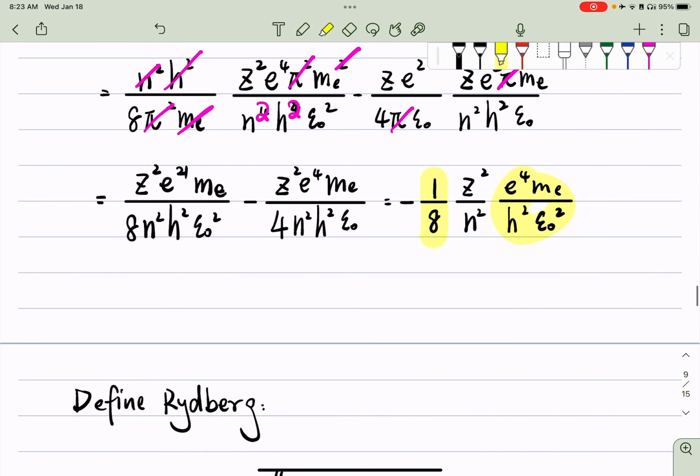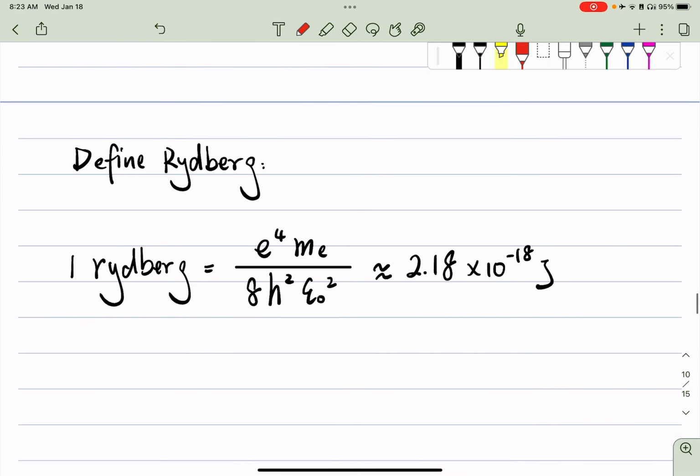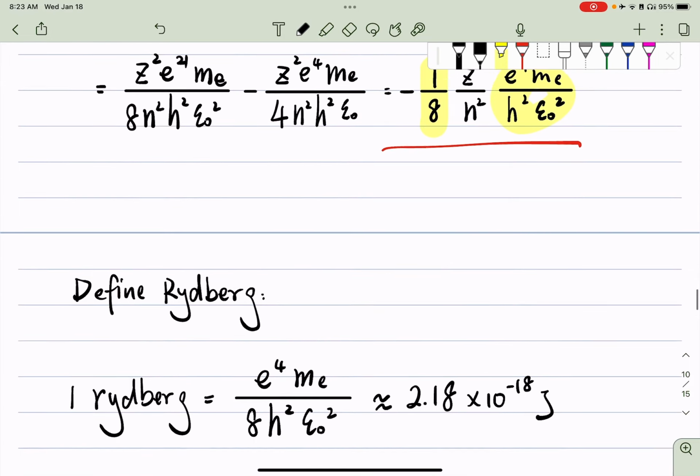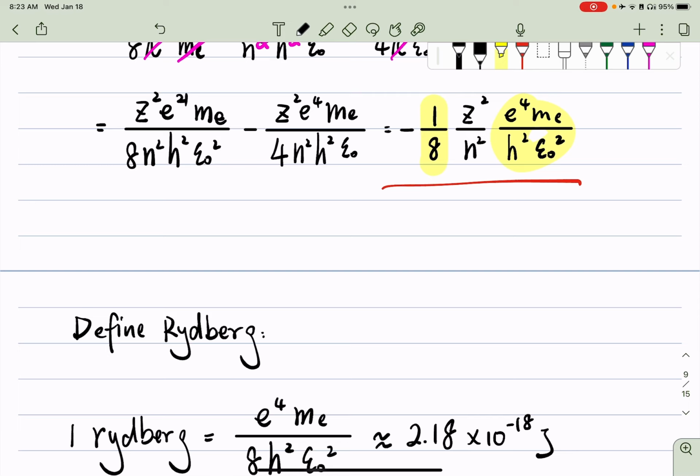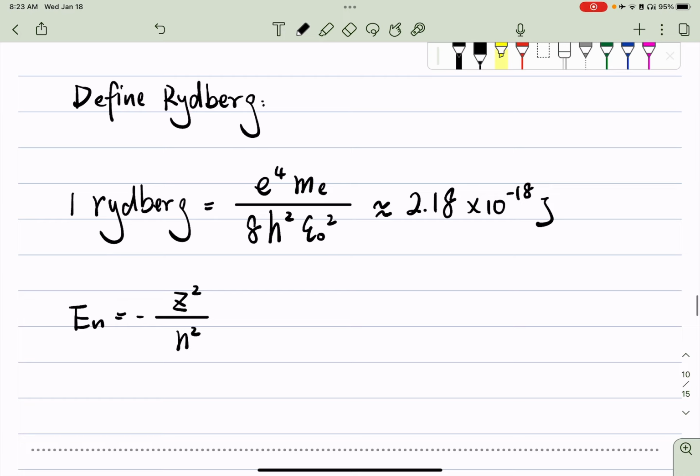And the simplified energy equation now becomes E_n equals negative Z squared over n squared times Rydberg, where n equals 1, 2, 3, and so on.